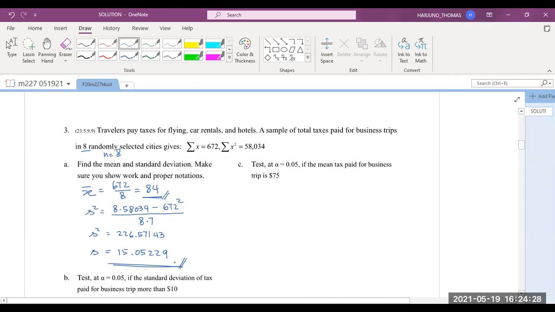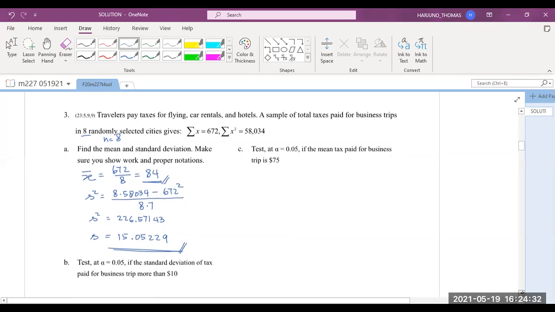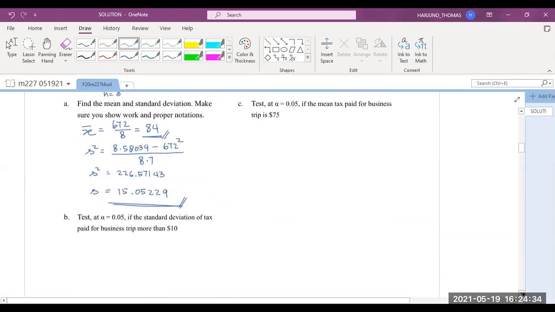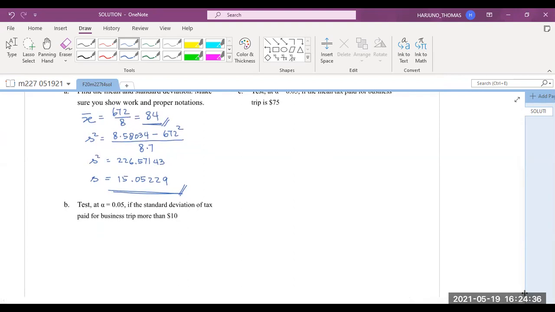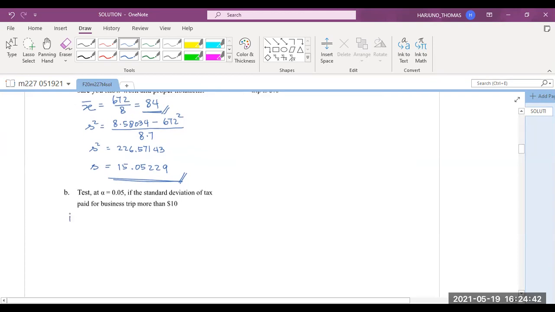Okay, now part B, test at 5% alpha if the standard deviation of tax paid for business trip is more than $10. So step 1, claim.